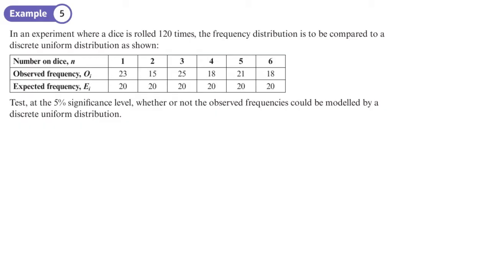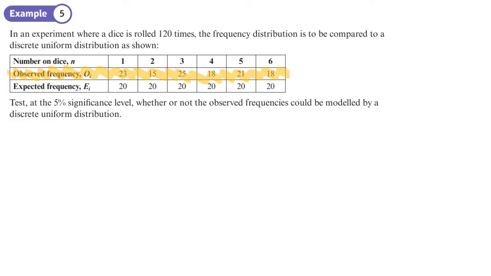In an experiment where a dice is rolled 120 times, the frequency distribution is to be compared to a discrete uniform distribution as shown. I've got my observed frequencies in one row and my expected frequencies in the bottom row.